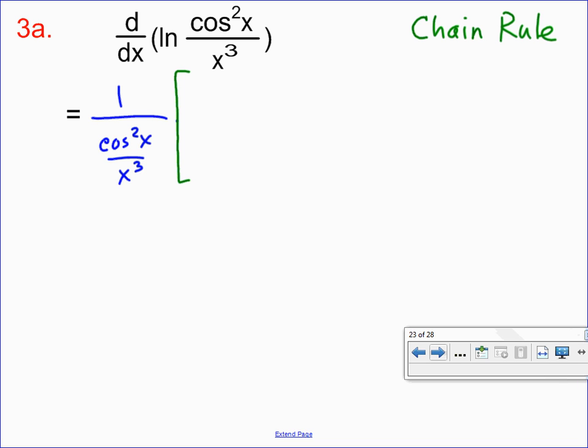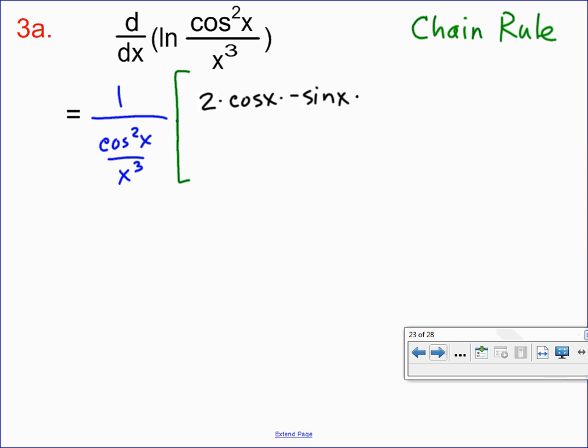Let's go ahead and apply the quotient rule to my logarithmic input. So the derivative of a quotient of two functions is given by the derivative of the numerator, cosine squared, differentiates to power rule, exponent times the base, raised to 1 less, times the derivative of the base. The derivative of cosine x is negative sine of x.